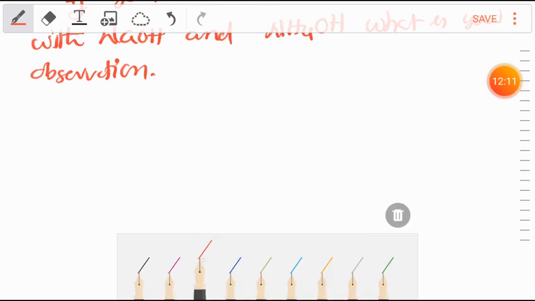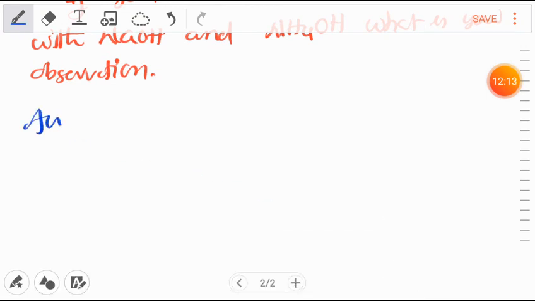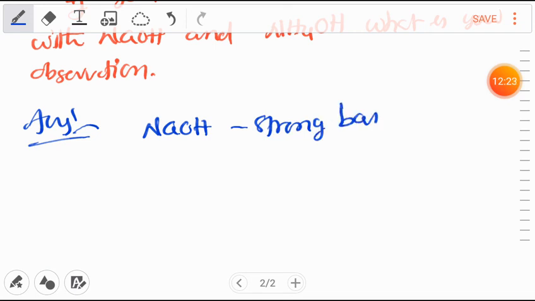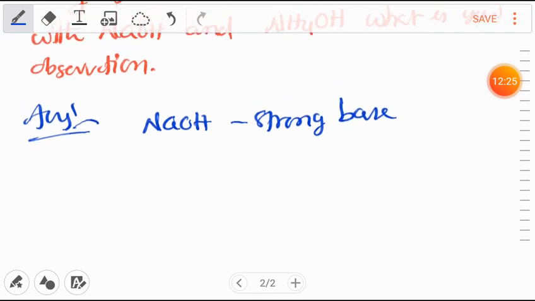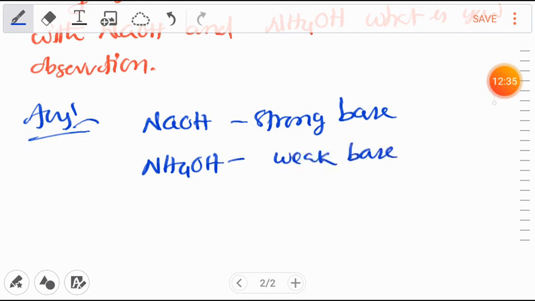We know that answer. The answer is NaOH is a strong base and NH4OH is a weak base.